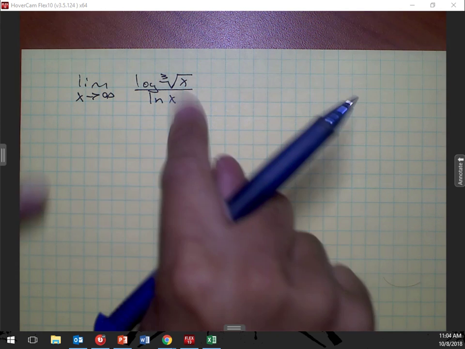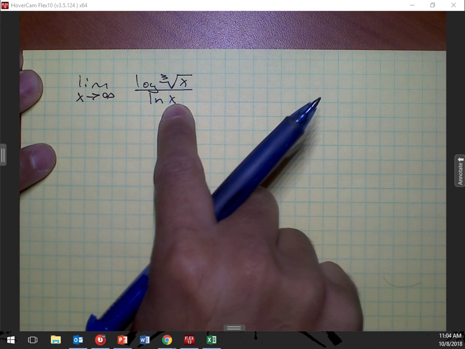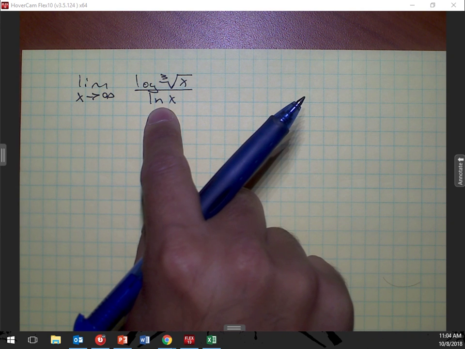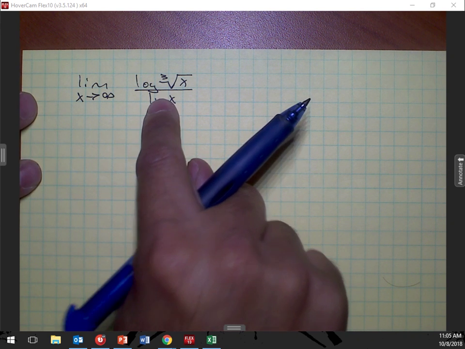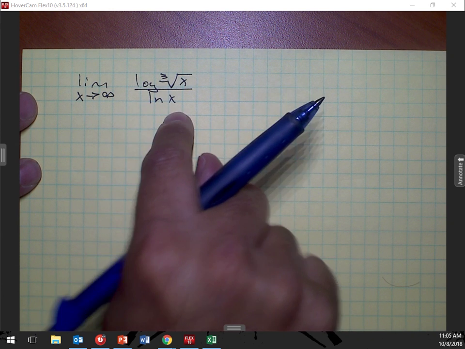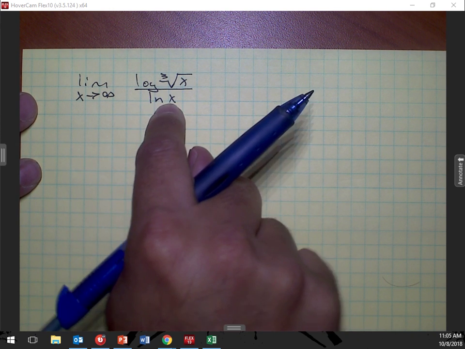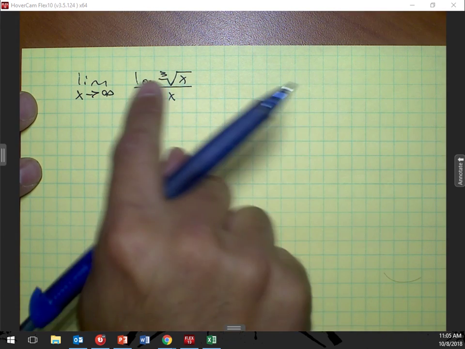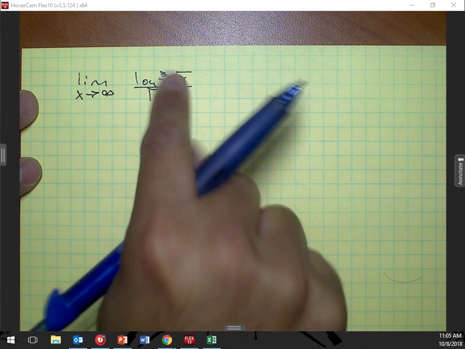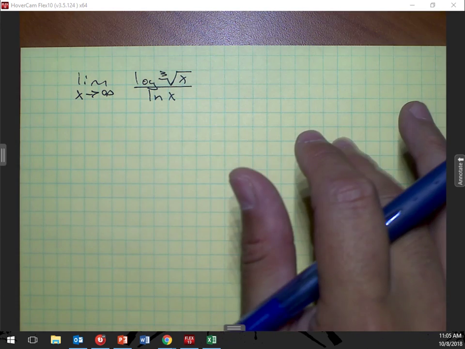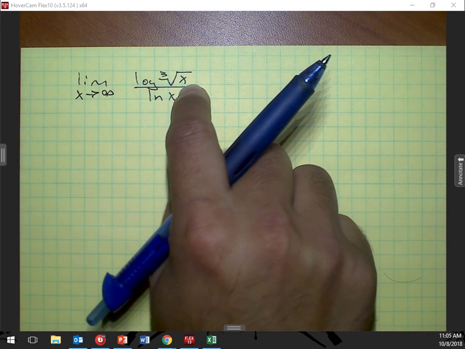So now, because I have ln's, which is a different base, what is the base of ln? e. Yes, the base of ln is e. So when I have e and ln, don't they cancel? Okay, so now because of that, I'm going to do a change of base. This is something that should have been in algebra sometime, quite possibly it wasn't.